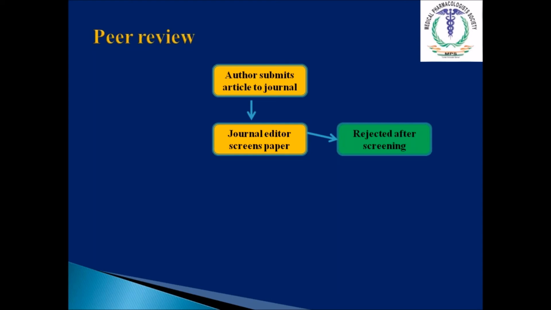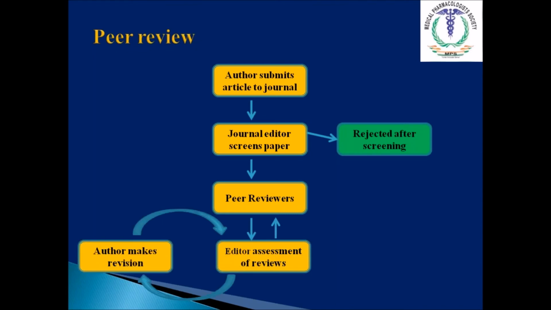So there might be a rejection within only the first stage. The editor himself rejects your paper. Next. So the paper has not gone to peer review. But if the editor feels that there is value in this paper, the editor sends that paper to peer reviewers. Then the peer reviewers review your paper and give comments to the editor. The editor sends that paper back to the author.